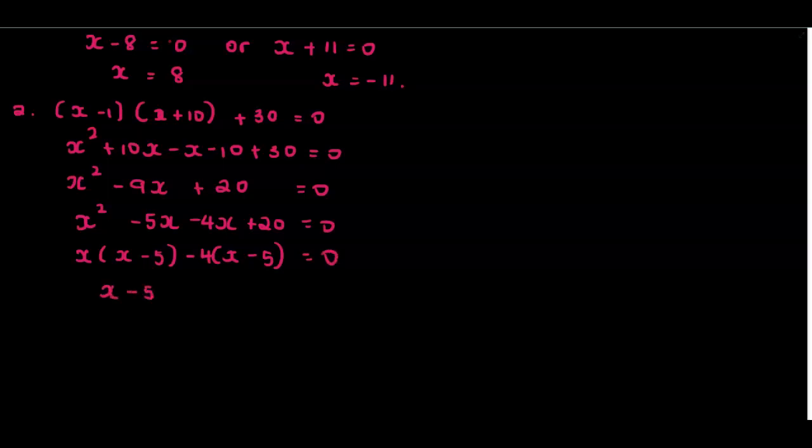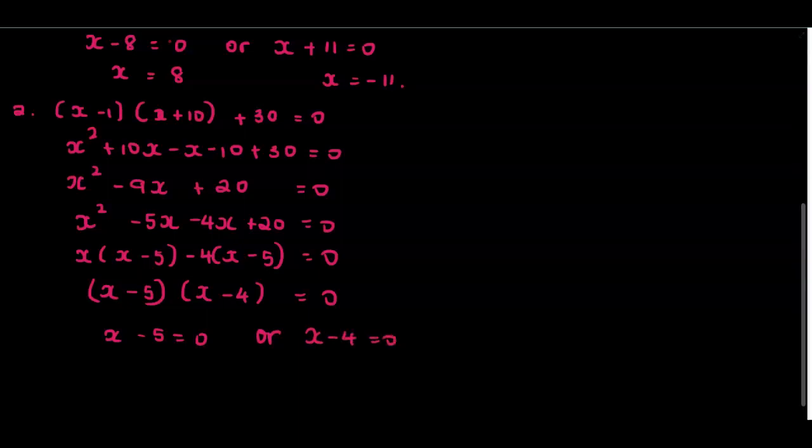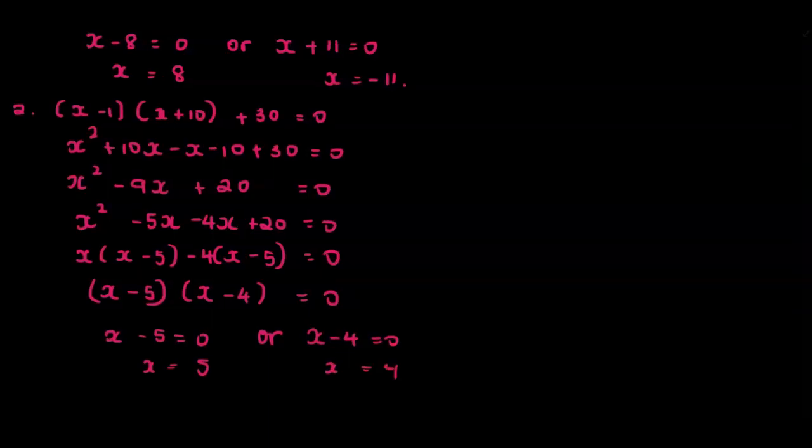So you're going to get x minus 5 into x minus 4 is equal to 0. So either x minus 5 is equal to 0, or x minus 4 is equal to 0. So you're going to get x is equal to 5, or x is equal to 4. So let's continue. So we're going to look at another example.